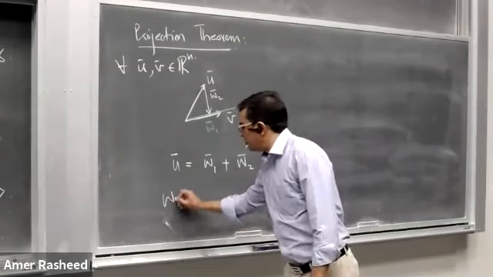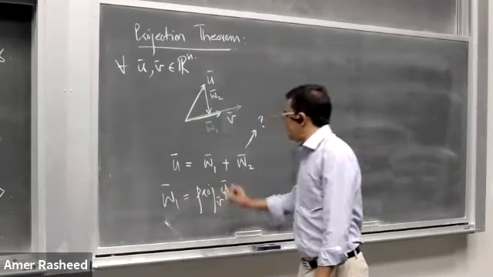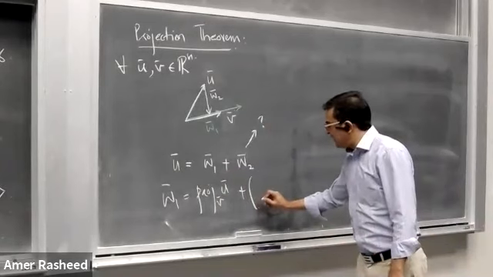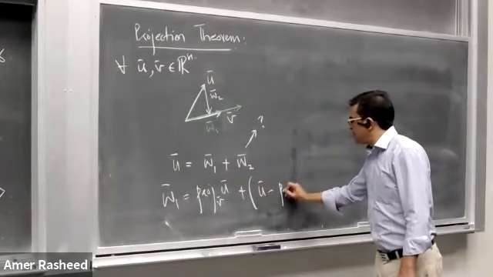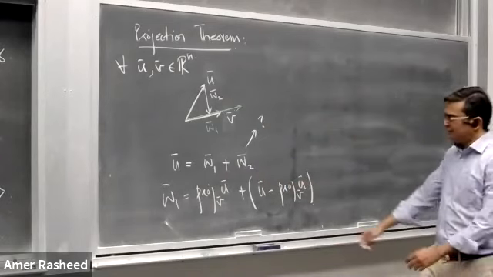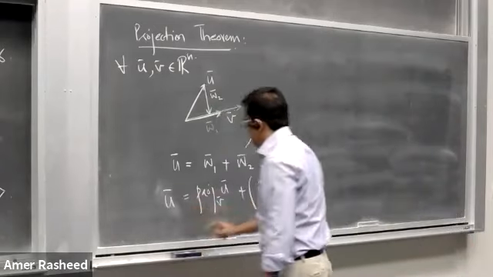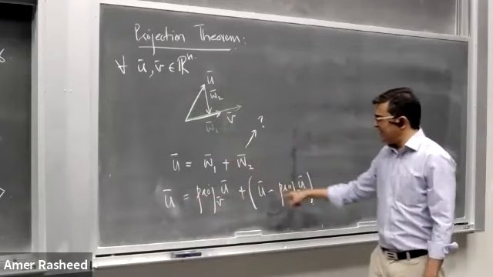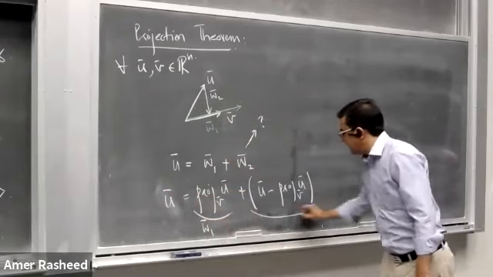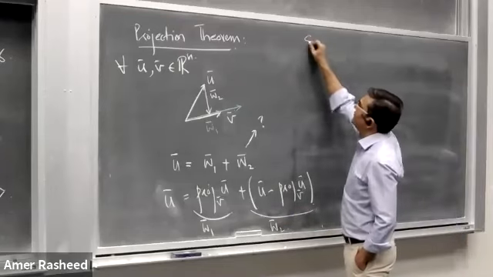Where W1 is nothing but projection of U along V, and you know the expression of this thing, and plus the other thing is U minus projection of U along V. These are two vectors. It is basically U can be written as W1, and this, which is W2. So this is your W1, and this whole thing is W2. Now, this is what projection theorem tells us.